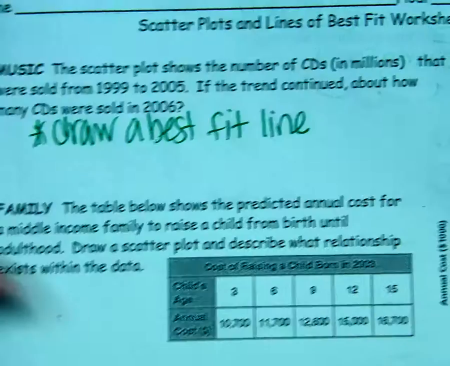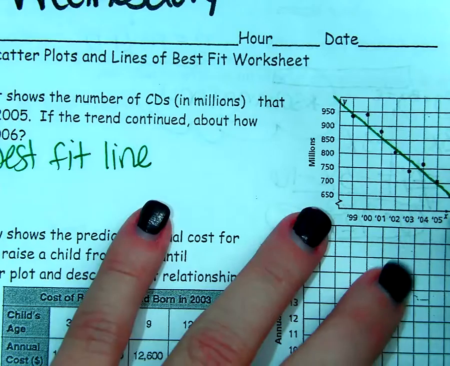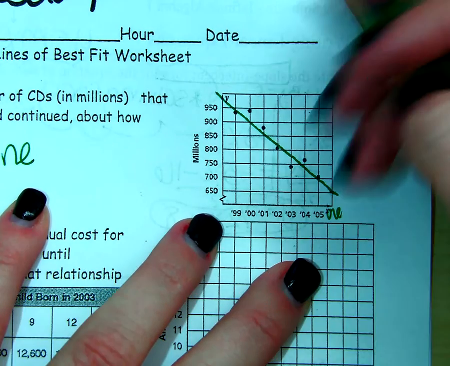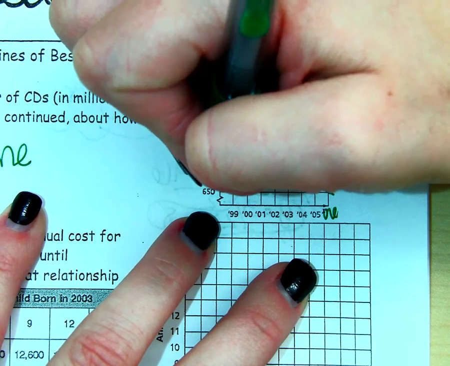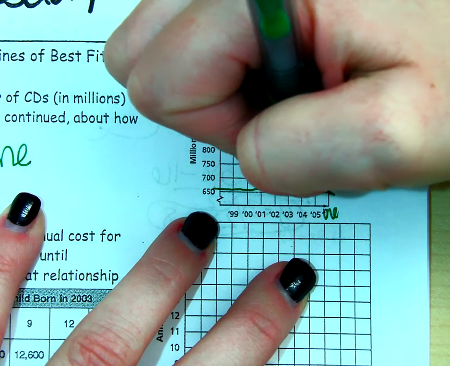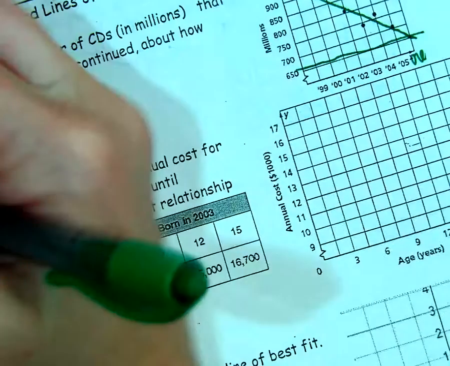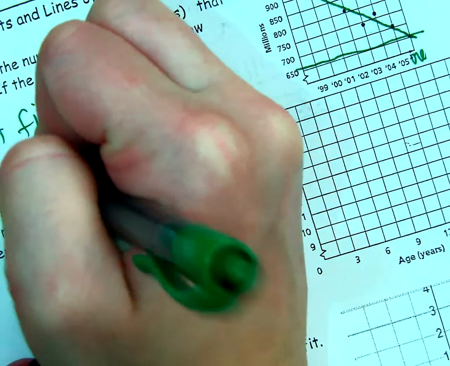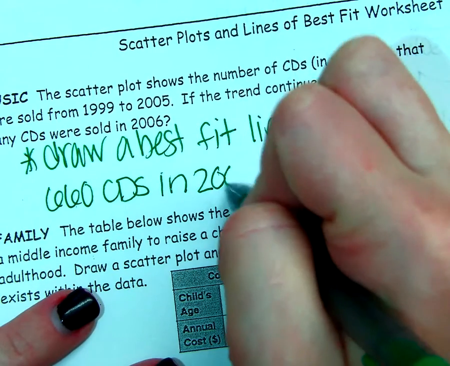Then if you look over here, 2006 is about here, and about how many CDs does that line hit? I would say it's about 660 CDs in 2006. Okay?